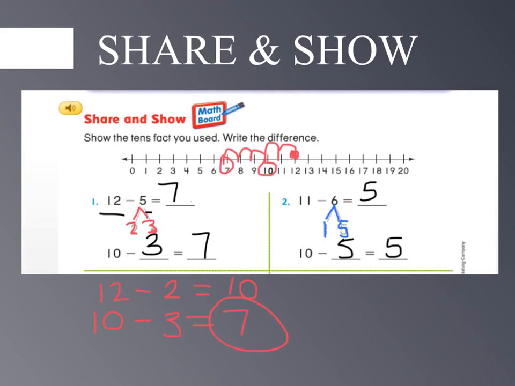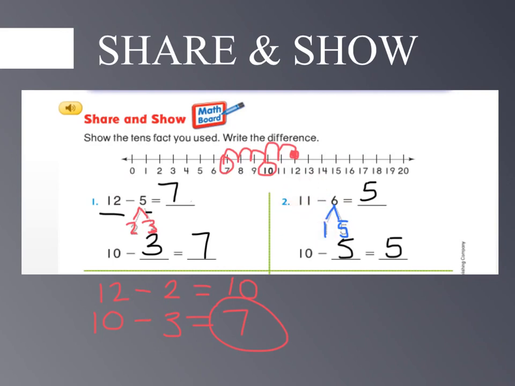So when you're using these facts and breaking them down, you can always look to the number that's greater than 10 to find the number that needs to be a part of your fact. So here we had 2 in the ones place of 12. So in our fact, we made sure we had 2. And here we had 1 in the ones place for 11.